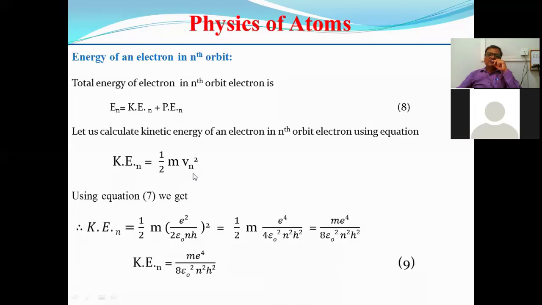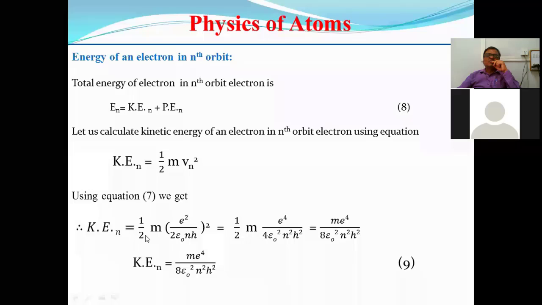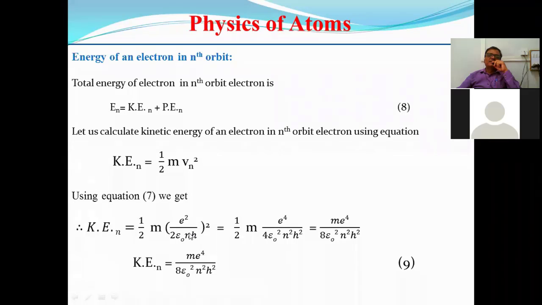And Vn we have calculated by using equation number 7. Let us put Vn, that is e square upon twice epsilon 0 n into h. This is the value of Vn, the velocity of electron in the nth orbit. Using equation 7, the kinetic energy of electron in the nth orbit is equal to 1/2 m into (e square upon twice epsilon 0 n h) whole square.